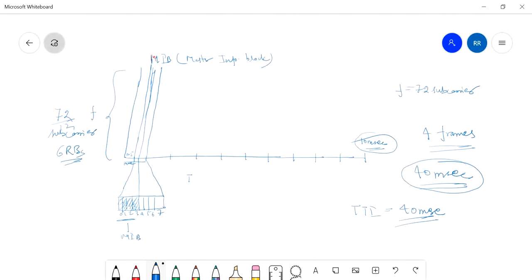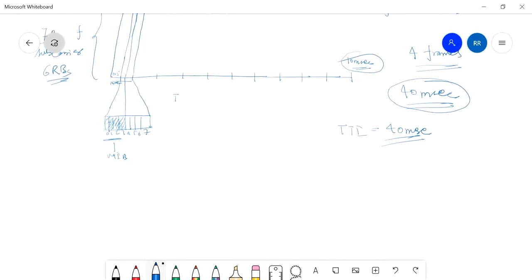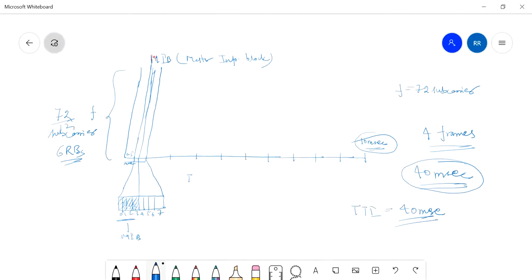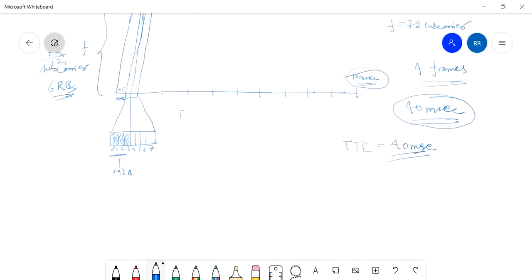Since I am talking about the TTI of MIB, let me tell you about the TTI of SIB as well. SIB gets transferred on PDSCH.